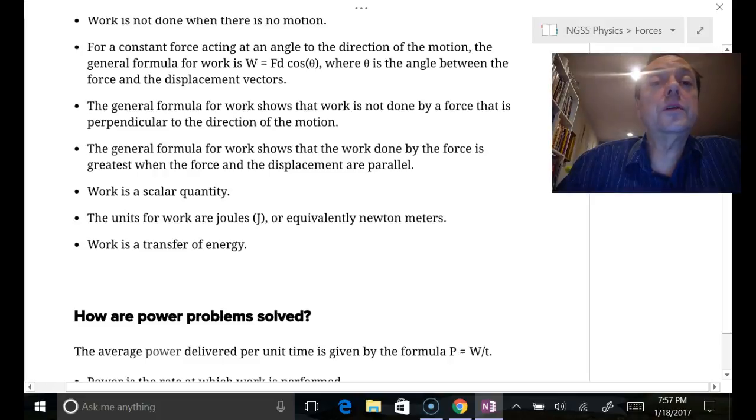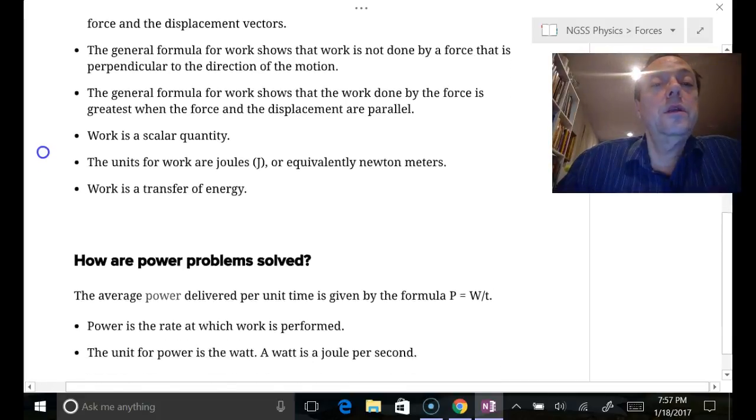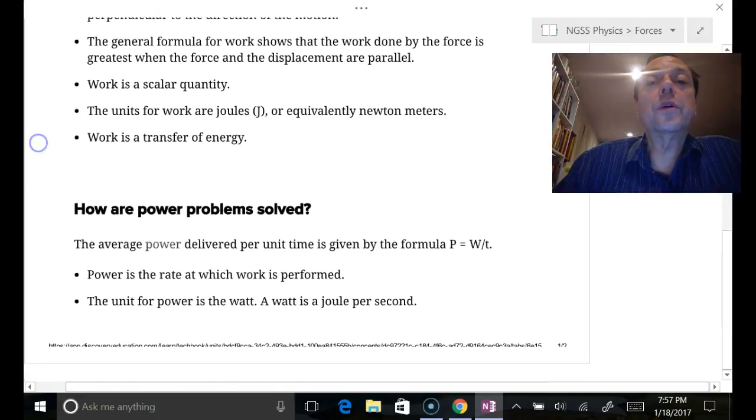Obviously, the cosine of theta at 90 degrees is 0. So that's another case where no work would be done, where force and displacement are at right angles to each other. The general formula for work shows that the work done by the force is greatest when the force and the displacement are parallel. Work is a scalar quantity.